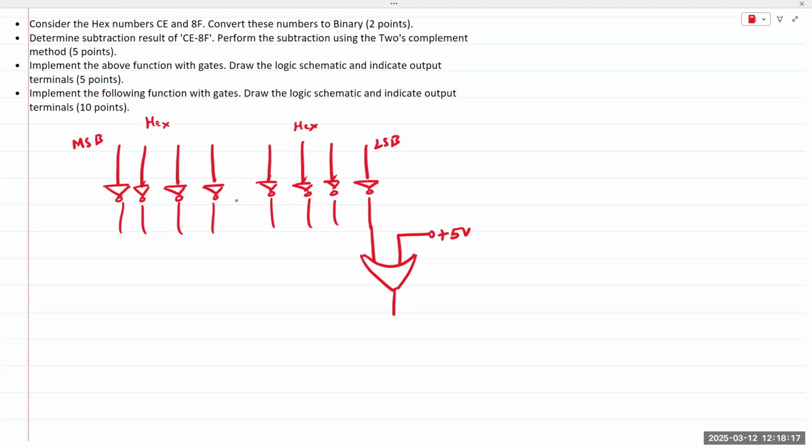And then you have the results. What do you do with the results? We have to, well, AND gate, but how do we subtract using 2's complement? We add it to the original number, right? So the original number is here.